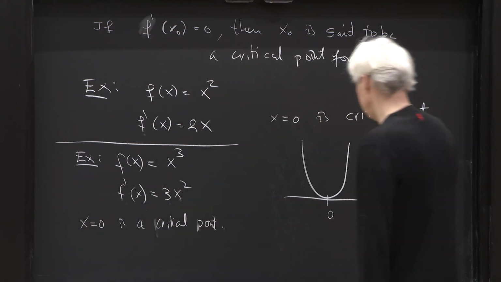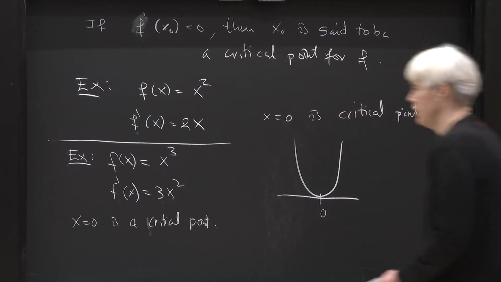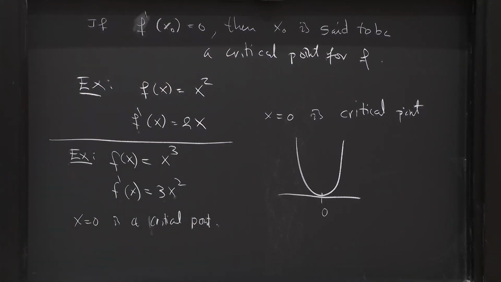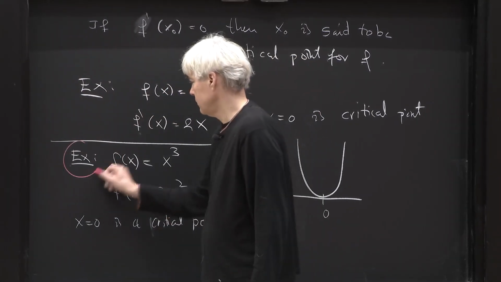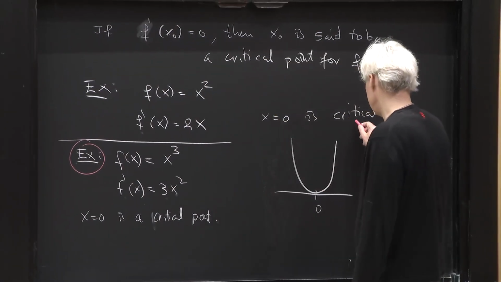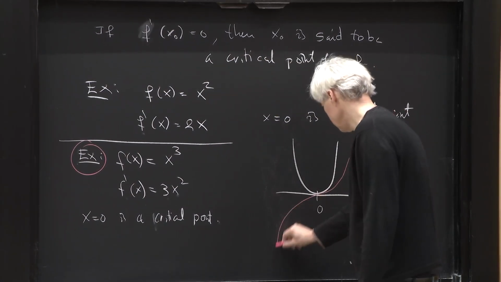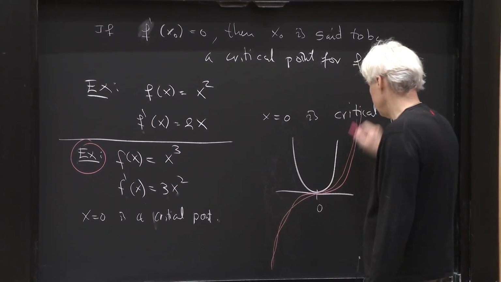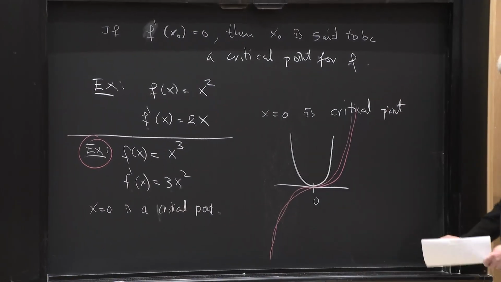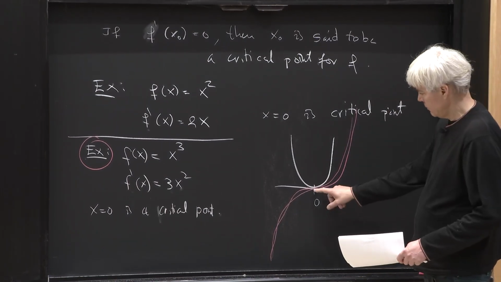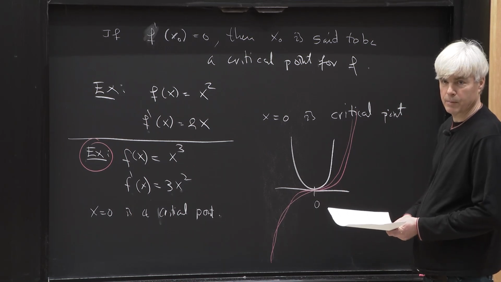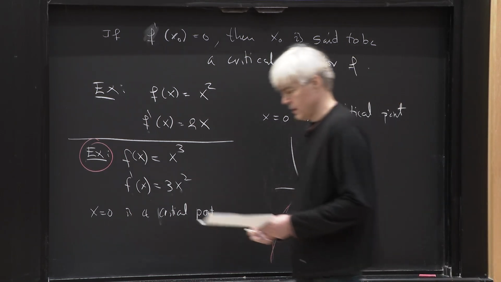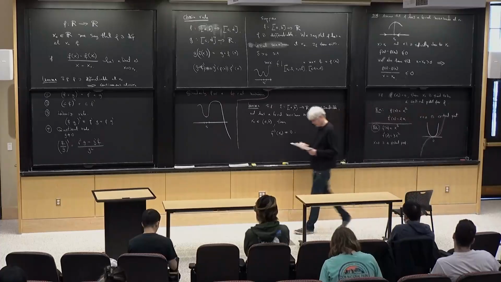But in this case, the graph of the function looks something like this. It becomes very flat here. So 0 is a critical point, but it's not a local maximum or minimum.